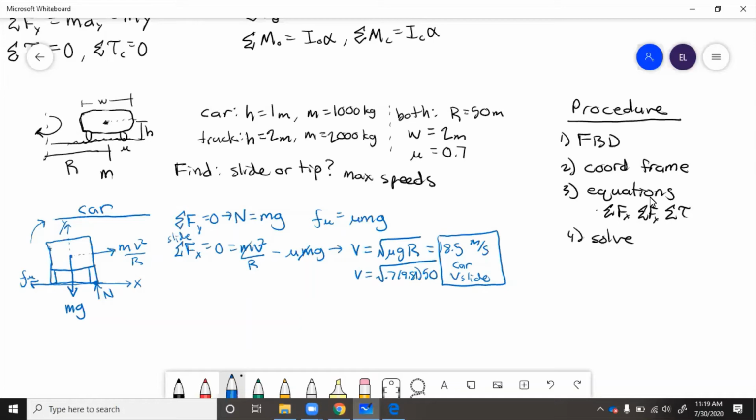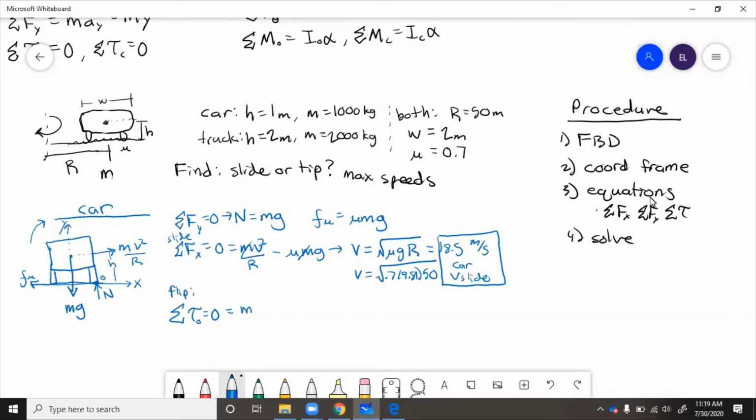So now we're going to check tip speed. So to check tip, we're going to see what the torques are. So let's call that point O. So then sum of the torques equals 0. That is going to be mv squared over r times, we need to know this height now, which is given in the problem.